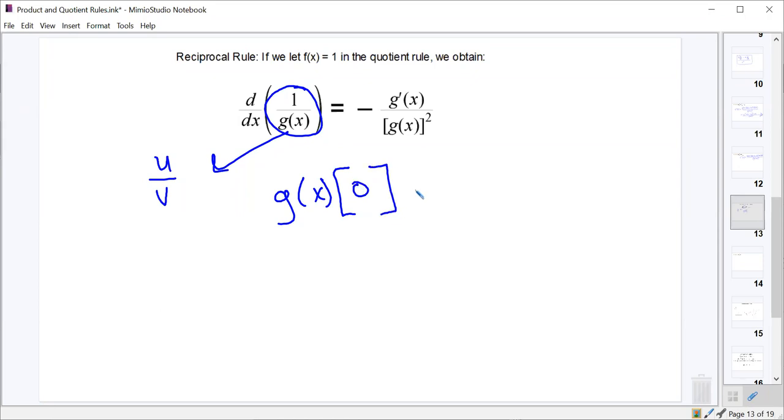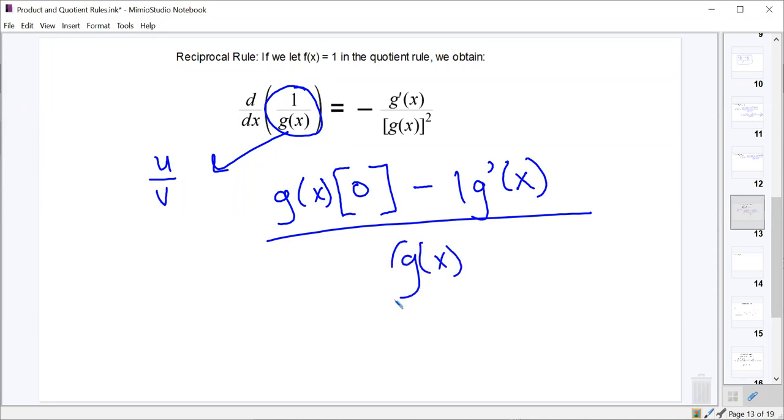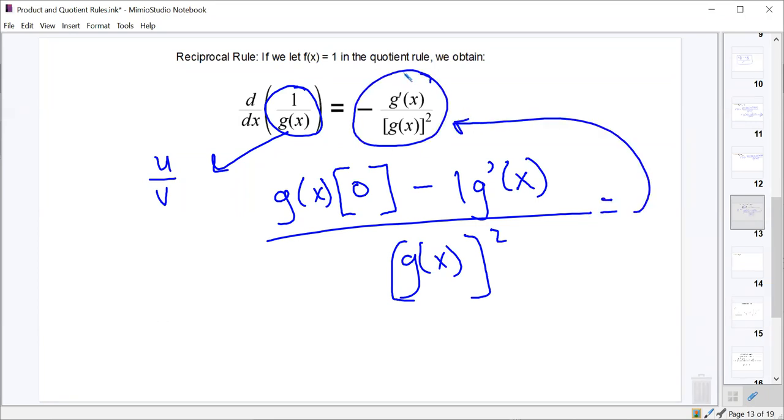Minus u times the derivative of v, which is, if we're just looking at g, g prime of x, all divided by g of x squared. And that simplifies down to the opposite of g prime over g squared, because 0 times g of x goes away. Everybody see that? Okay. So the reciprocal rule is just an extension of the quotient rule.